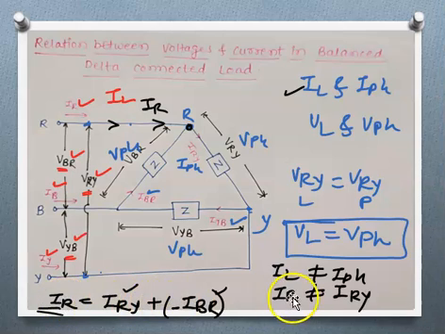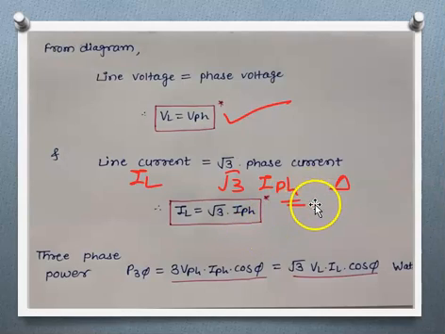So IR is greater than IRY, as we discussed while discussing the star connection. When we draw the phasor diagram for the line current and phase current, by using the law of parallelogram, we get the resultant line current as √3 times the phase current.